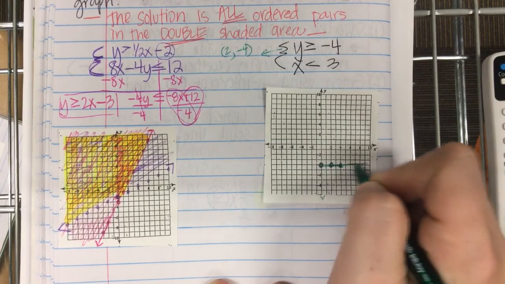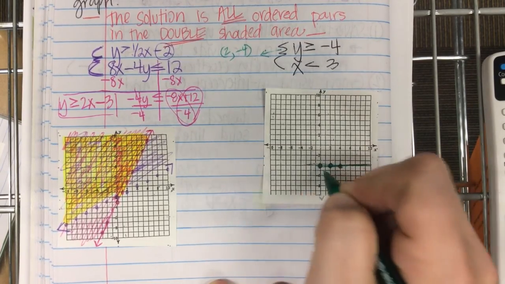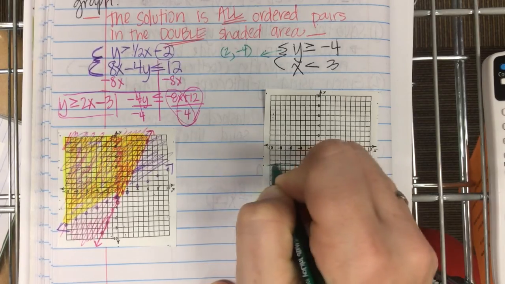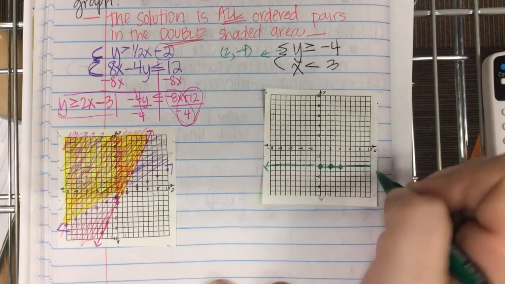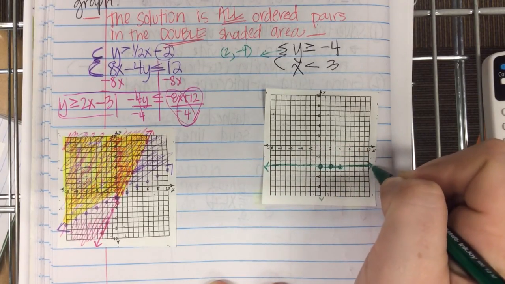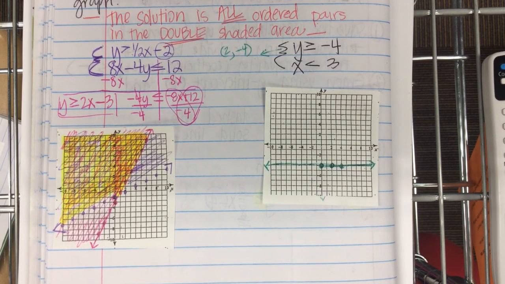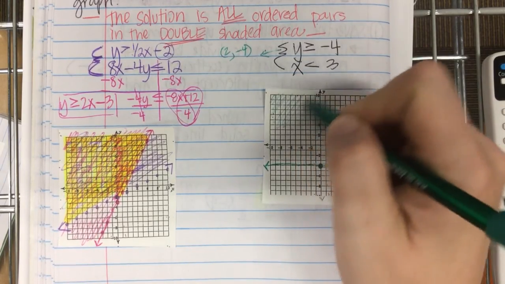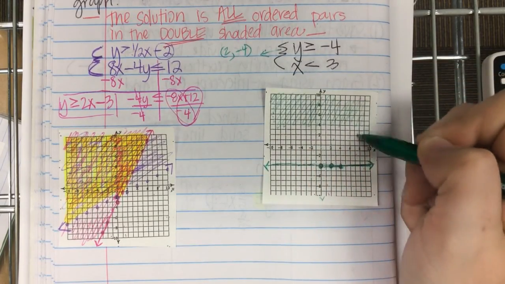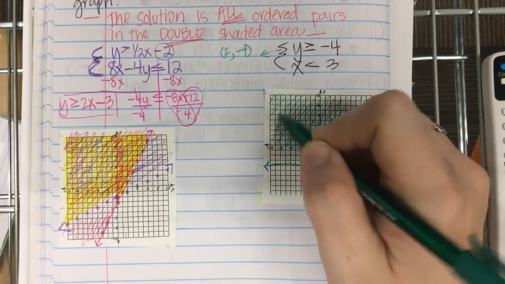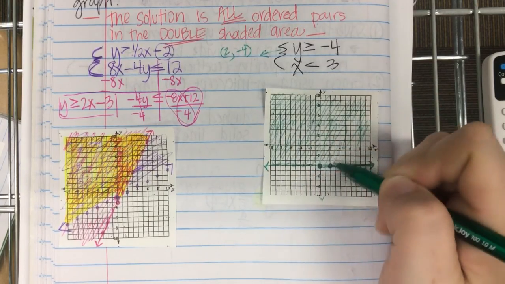And this is solid, right? Because there's an equal sign. Am I shading up or down? Up. y is greater. Where does y get greater? Up.